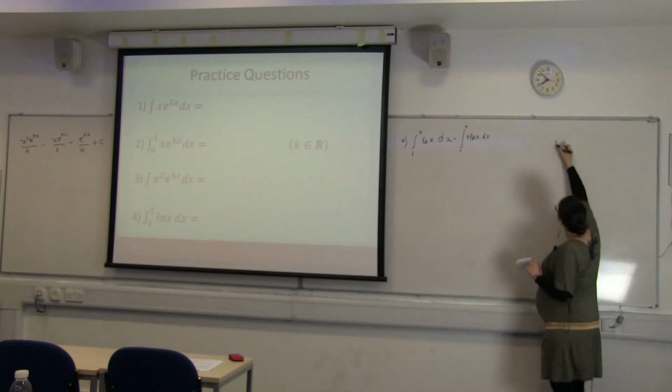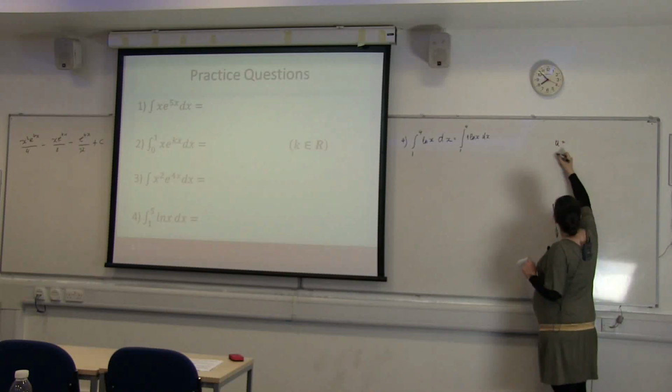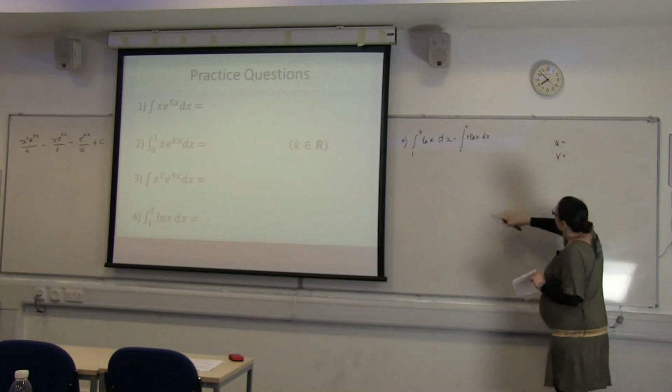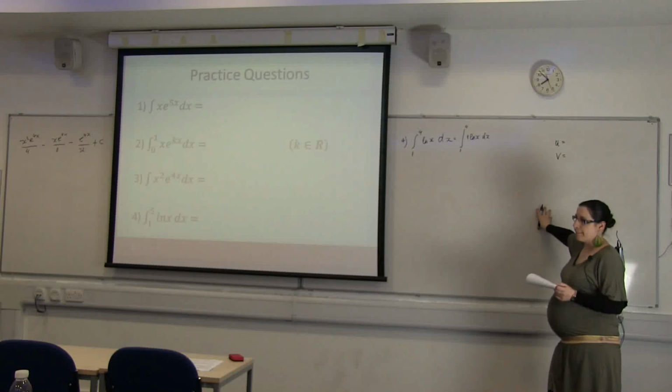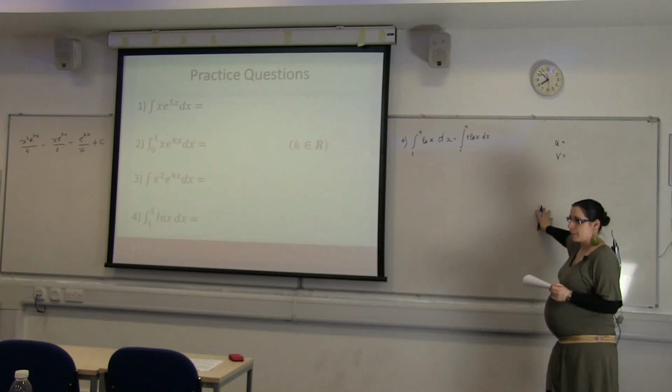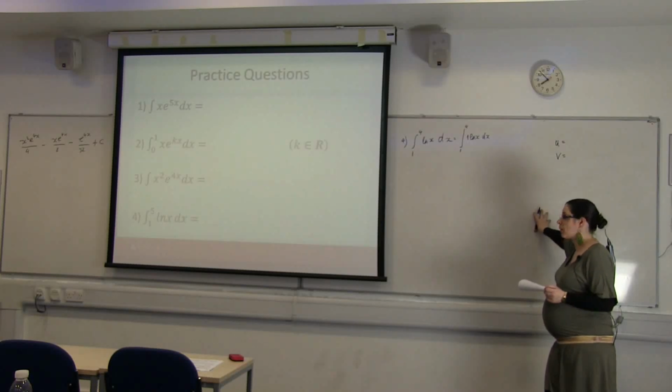So what would you choose to be U and what would you choose to be V? And why? Exactly. And then if you try to find out what's the antiderivative of ln x, well, that's what we're trying to do.